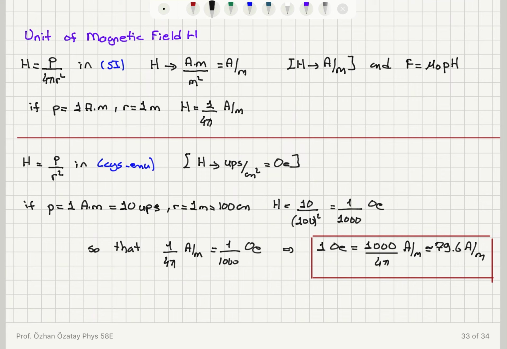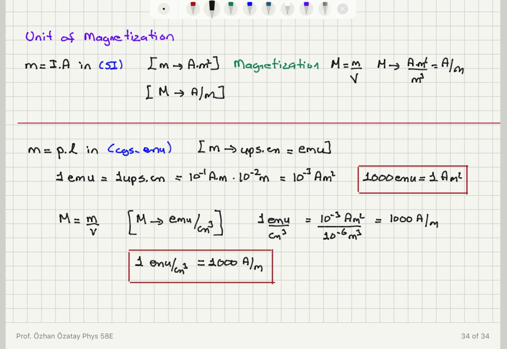The magnetic field in CGS is P over R squared, which is in unit pole strength per centimeter squared. That's called Ørsted, 1 Ørsted. So if you have a pole strength of 1 ampere meter, which is 10 unit pole strengths, a distance of 1 meter, which is 100 centimeters, we find that the magnetic field should be 1 milli Ørsted. So 1 milli Ørsted is 1 over 4 pi ampere per meter, therefore 1 Ørsted is 1000 over 4 pi, or 79.6 ampere per meter.